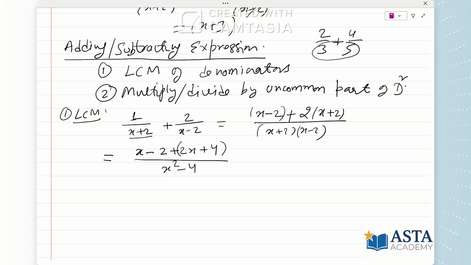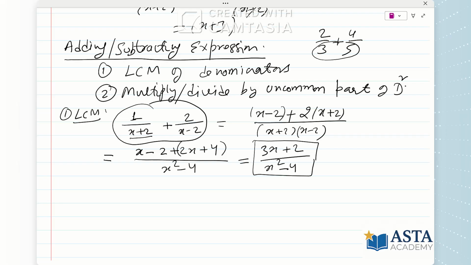That we have used the identity. So you simplify this, you will get 3x plus 2 divided by x squared minus 4. So this is the answer to adding these two expressions. It cannot be simplified any further.